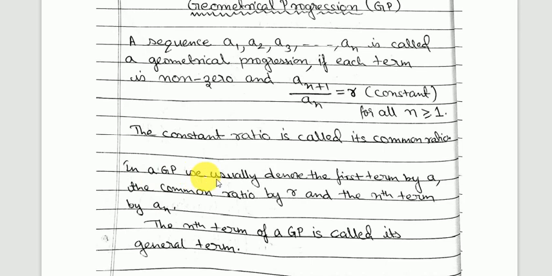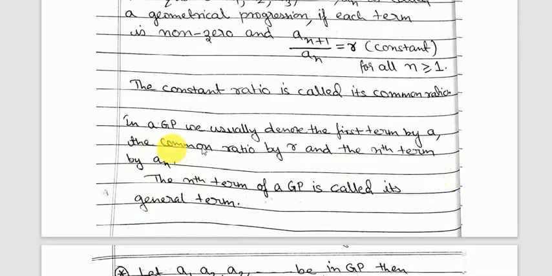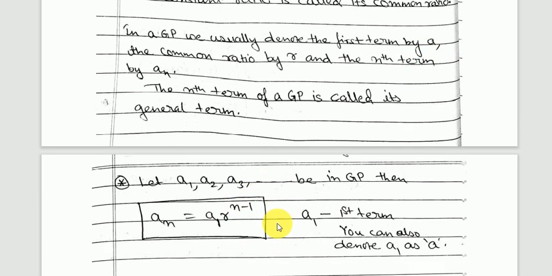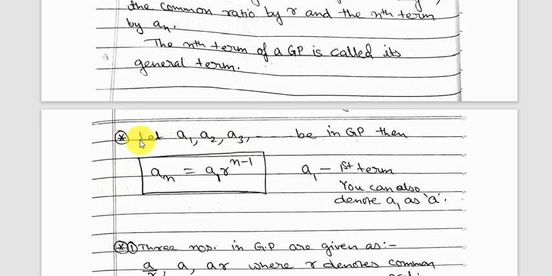Next, in a GP, we usually denote the first term by A, the common ratio by R, and the nth term by An. But most of the time I write A1 only, so here I will be using A1. But in examination and all, if you see A, then that would mean the first term. And now let us see how do we write the nth term for a GP.